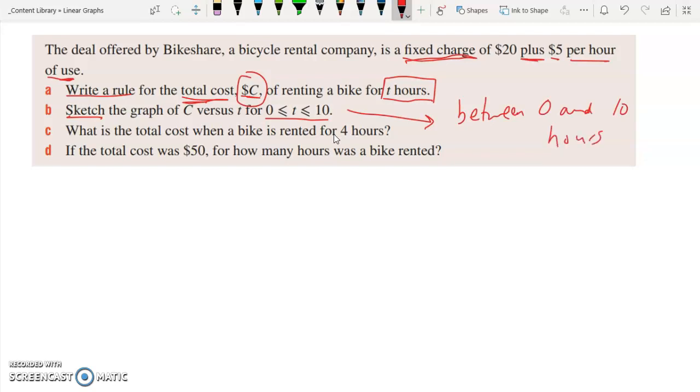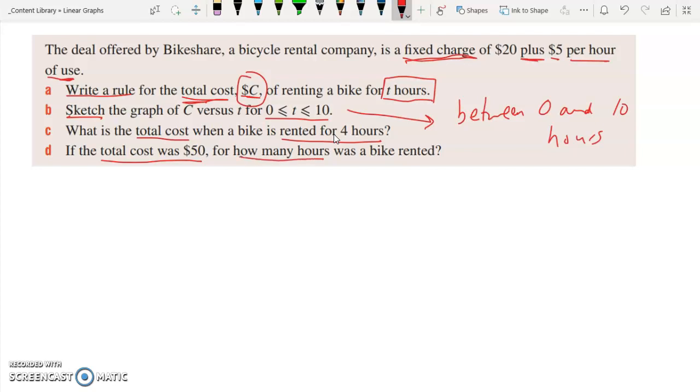That's what that notation means there. So T is between 0 and 10. Then we're going to find what the total cost is when the bike is rented for 4 hours, and if the total cost was $50, for how many hours was the bike rented?